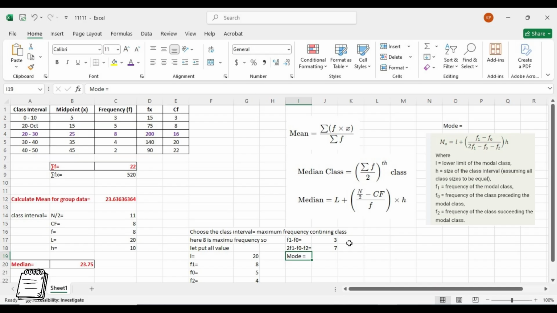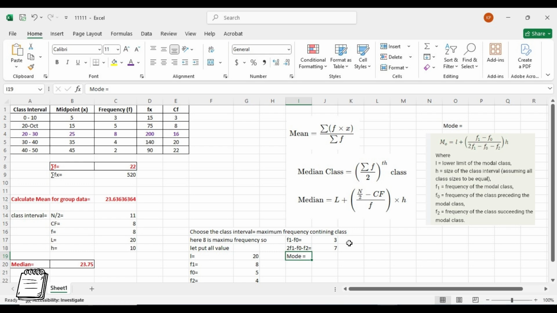Now we calculate the mode from this formula. Mode is equal to L, 20, plus, make a bracket. First let's calculate f1 minus f0. F1 minus f0 is 8 minus 5, which is equal to 3. Then let's calculate 2f1 minus f0 minus f2, which is equal to 2 into 8 minus 5 minus 4. So it's equal to 7.